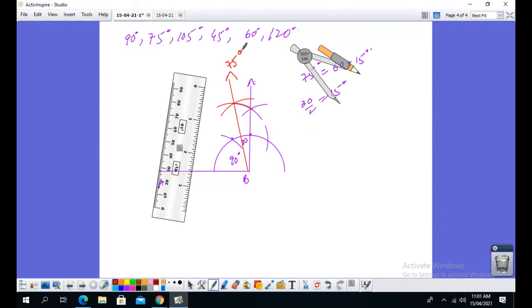Now we have to construct 105. For 105 we have to draw another angle.